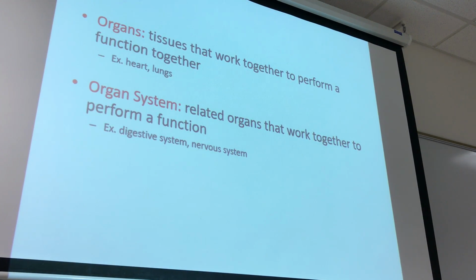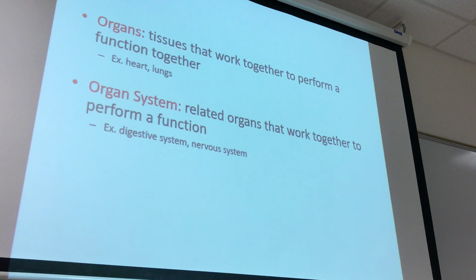The stomach's job is to break down food, turn solid food into liquid food. All the different tissues contained within that organ work together for that one function. The liver's job, in part, is to produce bile, and all the tissues that make up the liver work together, in part, to create that process.